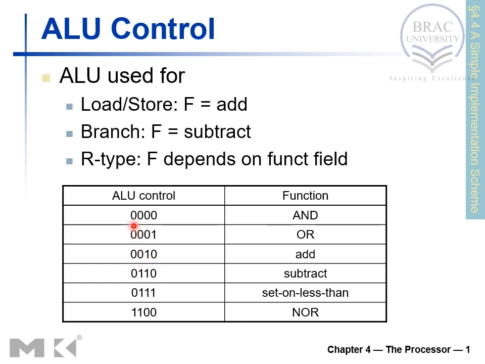For example, if all the 4 bits are 0, then the operation is AND. If it is 1, then it is OR. If it is 2, then add. If it is 6, then subtract. 7, then set on less than. And if it is 12, then it is NOR operation. Or in other words, 1100 is the NOR operation.